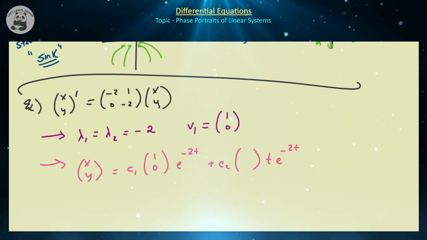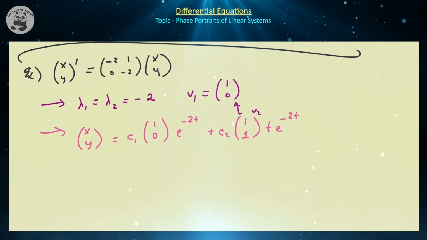So what I'm going to do is I'm just going to choose my free variable to be whatever I want because y is going to be my free variable. So I'm going to choose that to be 1. So 1, 1 is going to be my other eigenvector. As long as you choose an independent eigenvector from that one, then life is going to be good.